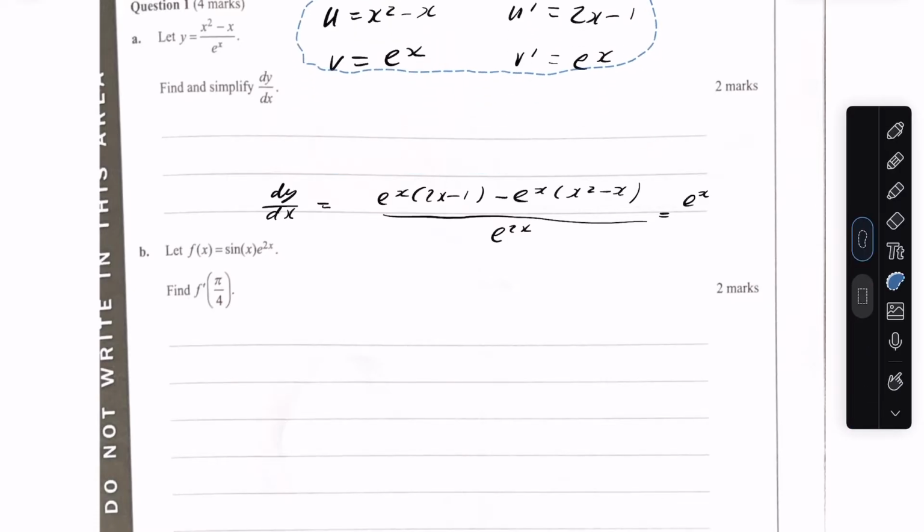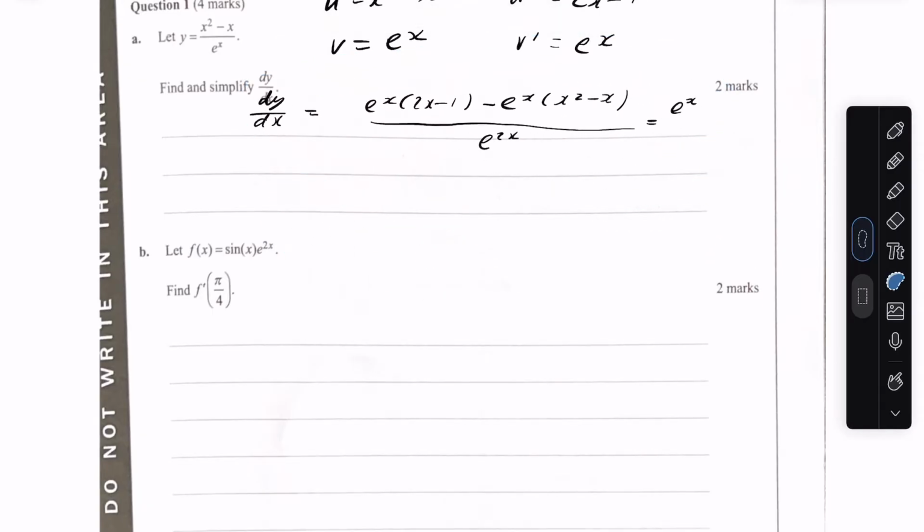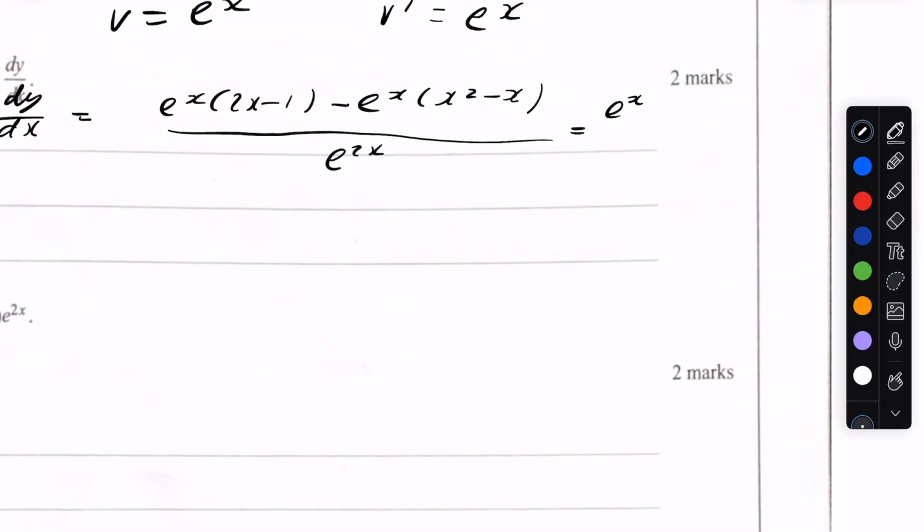All right. So you have 2x minus 1 minus x squared plus x, all over e to the 2x.